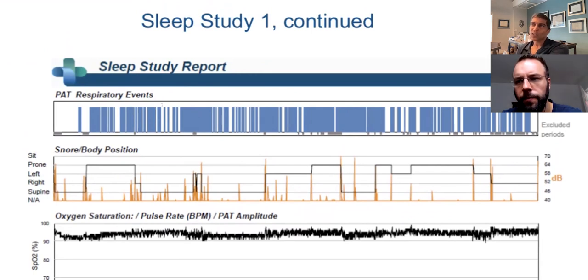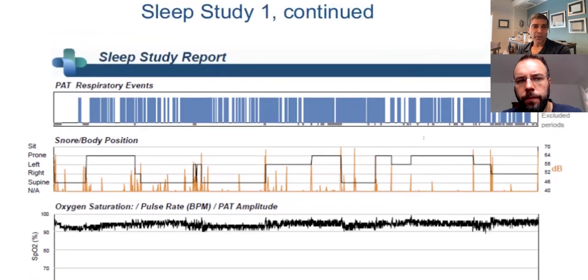So how does it know if there's a cortical arousal? Well, because it's measuring your arterial constrictions. Every time you have an arousal, your sympathetic arousal also usually, the heart rate goes up, breath rate goes up, and your artery constricts just a little bit, right? And that's what it's measuring. But frankly, I never look at the PAT respiratory event line on this.